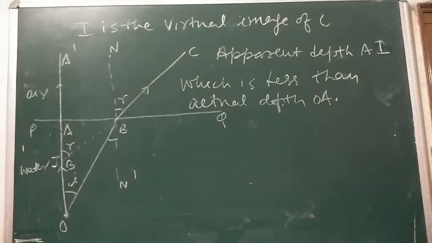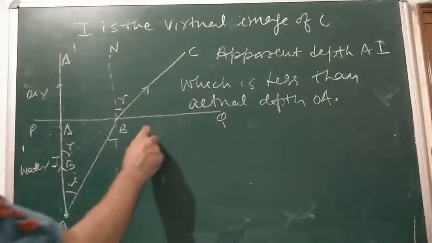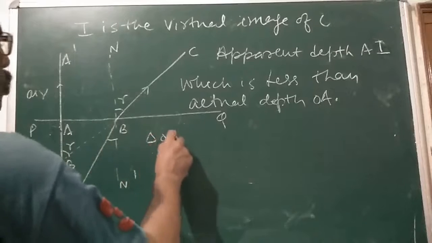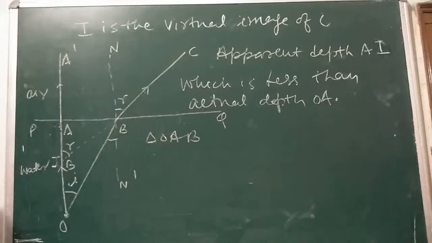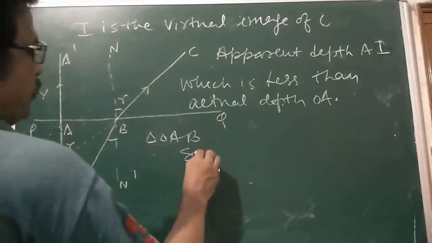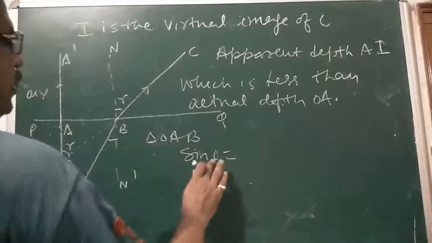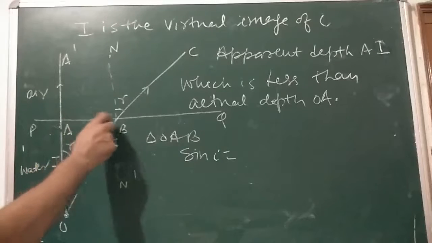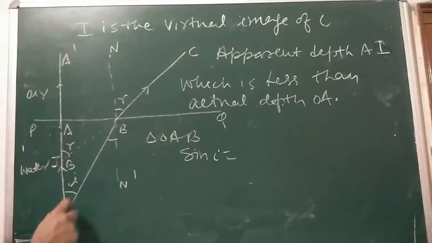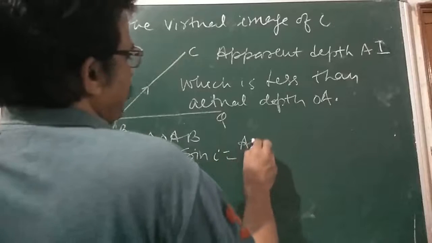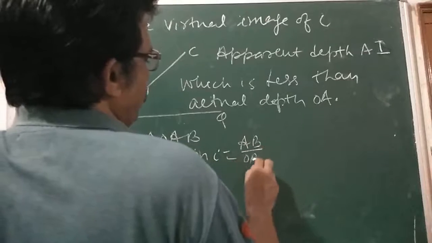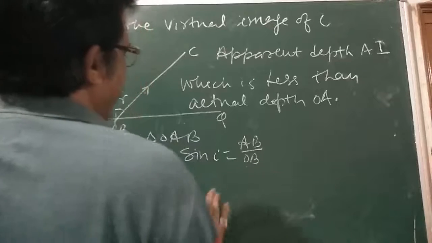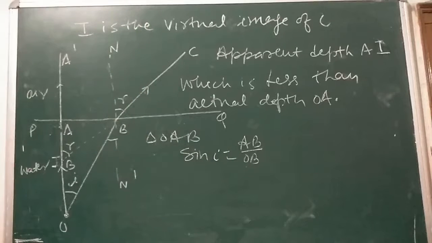So children, in a triangle OAB, sin I, that is perpendicular upon hypotenuse, that is OB. AB upon OB. It is clear? So write down AB upon OB.